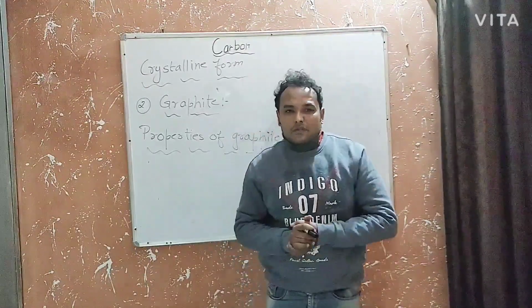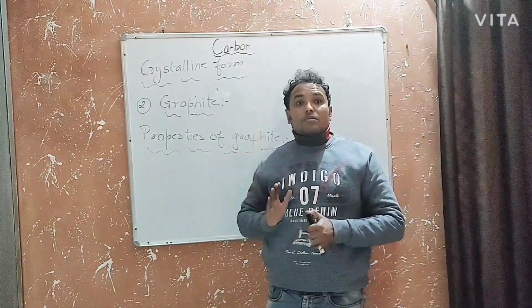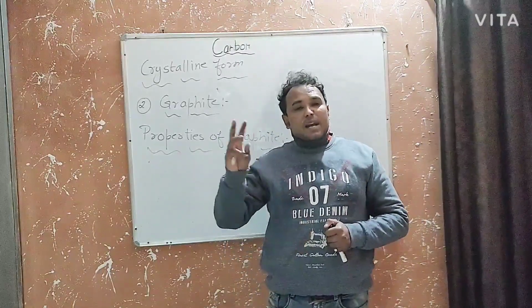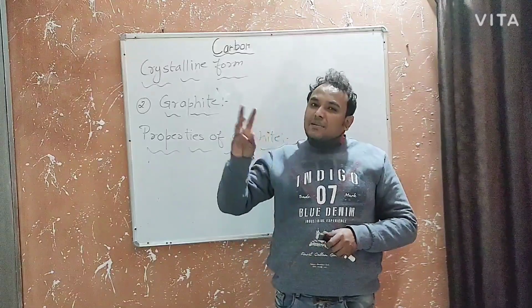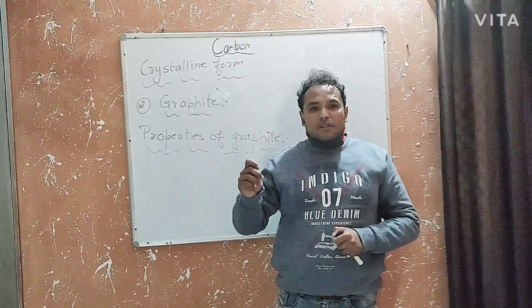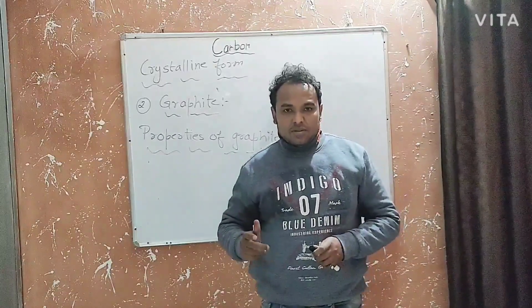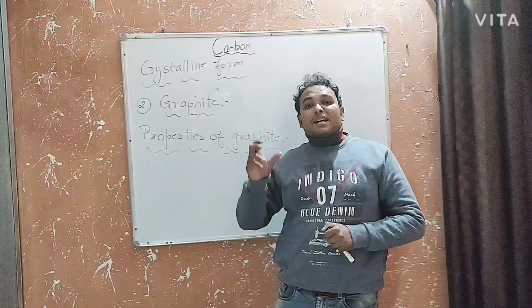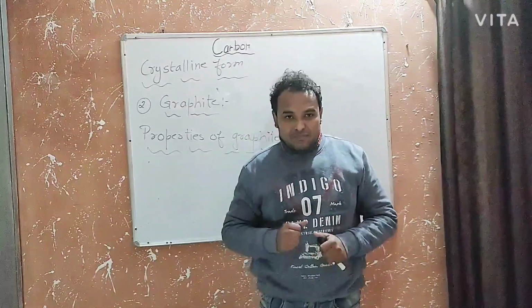What are the properties of graphite? Graphite shows some properties. Very first property, graphite is grayish black in color. Second property, it is soft and slippery to touch. Next property, being a crystalline form, it has a metallic luster.